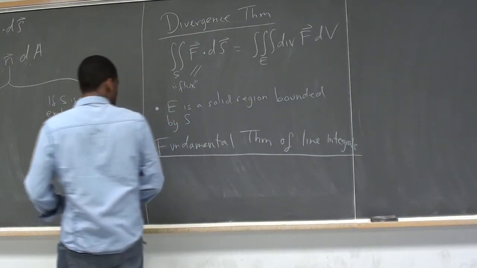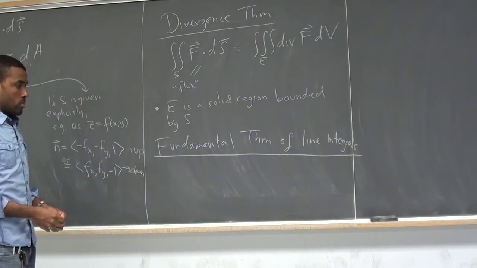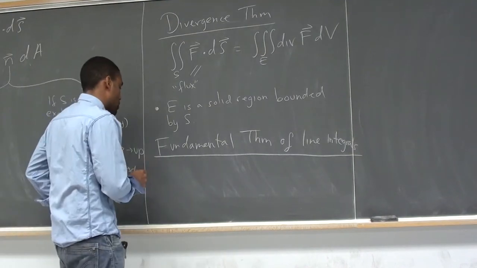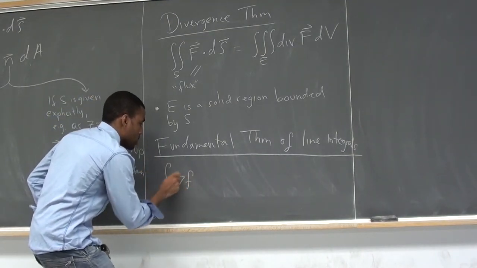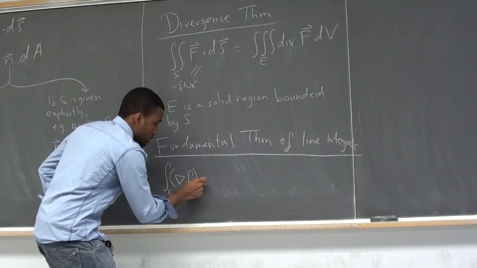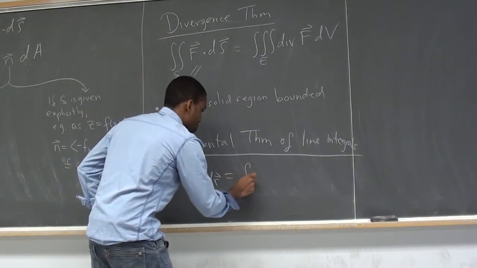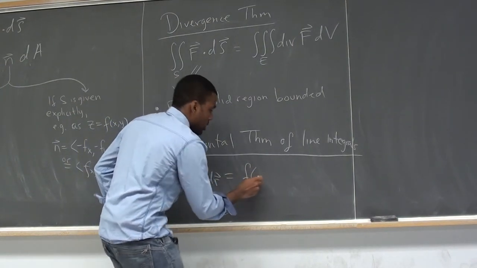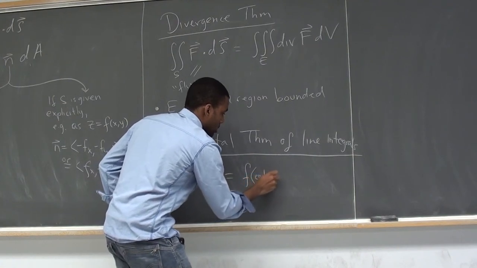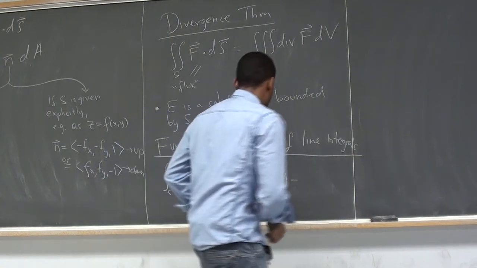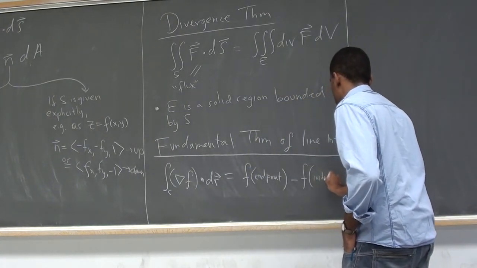This says if you are taking the integral over C of the gradient function dot dr, that is equal to just the original function at the endpoint, minus the original function at the initial point.